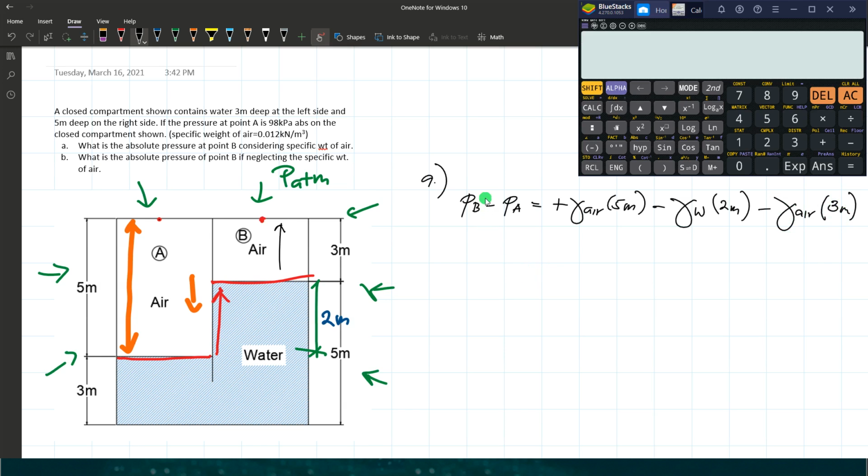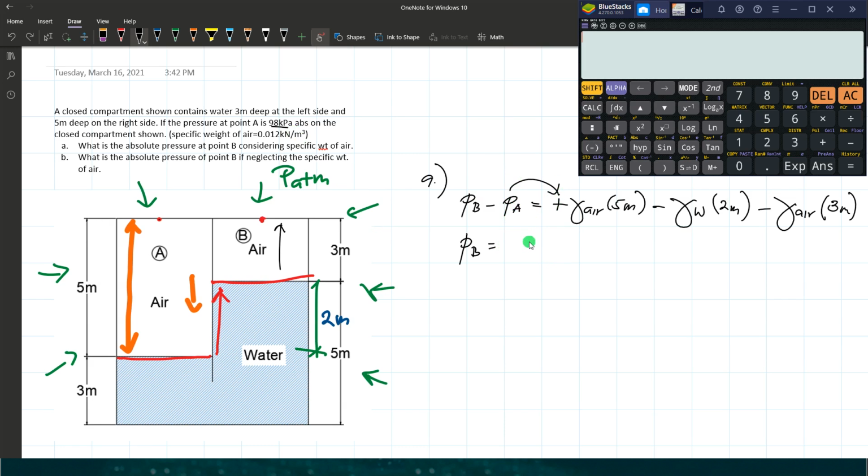What is required is the pressure at B. Pressure at A is given, which is 98 kilopascal. So we move that to the right hand side of the equation, and it becomes a positive pressure of A, 98 kilopascal.